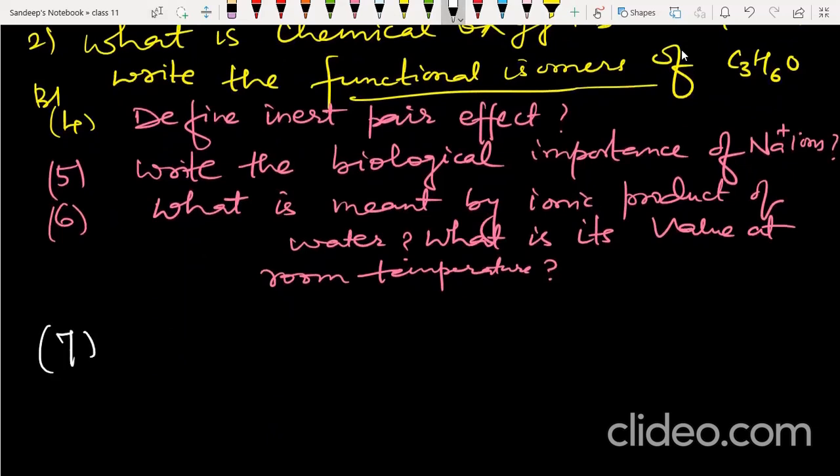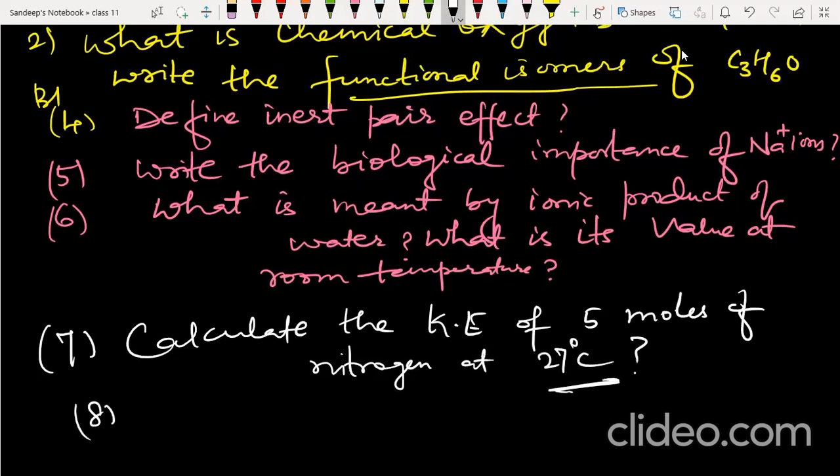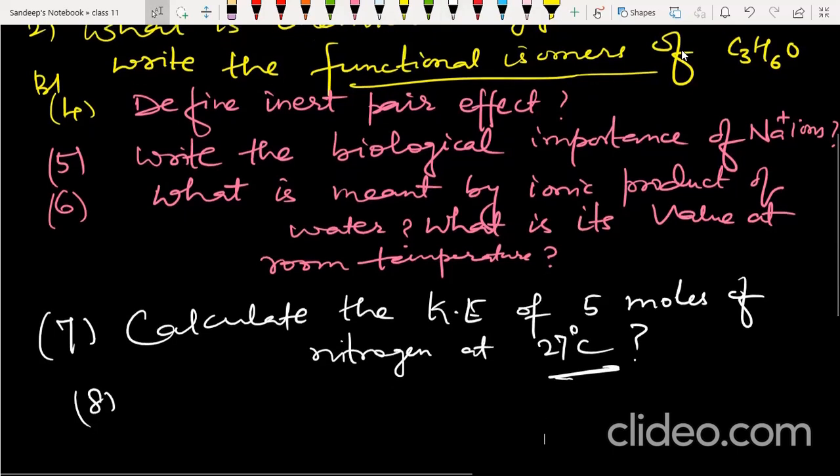Seventh question, a numerical from gas laws: calculate the kinetic energy of 5 moles of nitrogen at 27 degrees Celsius. You need to know the formula and put the temperature in Kelvin by adding 273.